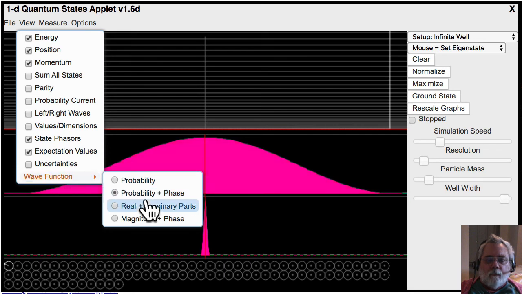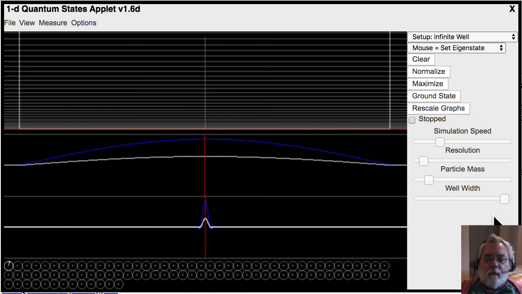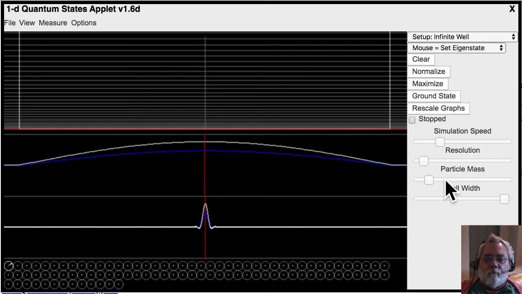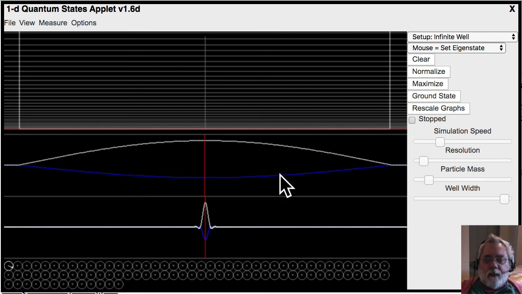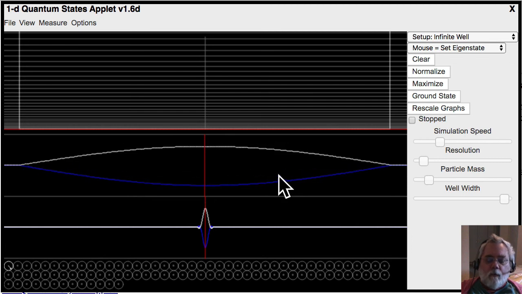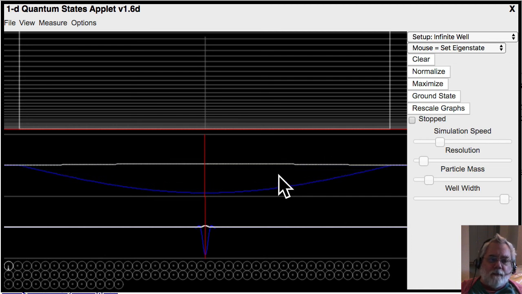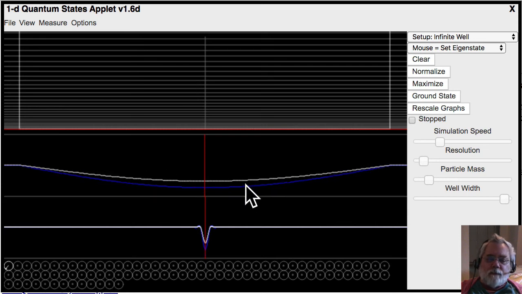If we want to look at the wave function, not the probability, well, let's do real and imaginary parts. We're in the ground state, and the real and imaginary parts are changing in time. We know that because the time dependence is e to the minus i E sub 1 t over h bar, so the real and imaginary parts are changing.